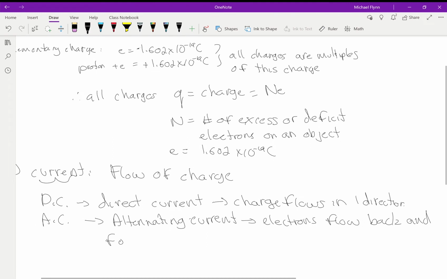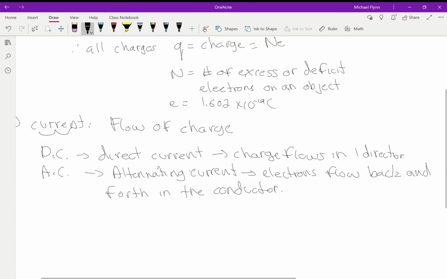And there's really no equivalent for water for alternating current. So that's where it gets a little weird, but just picture the electron kind of vibrating in the wire back and forth. Okay, so that's it. Alternating current, direct current.